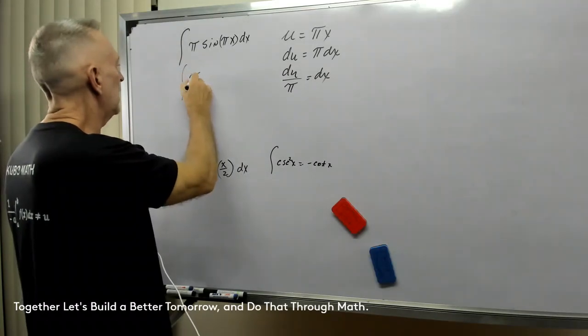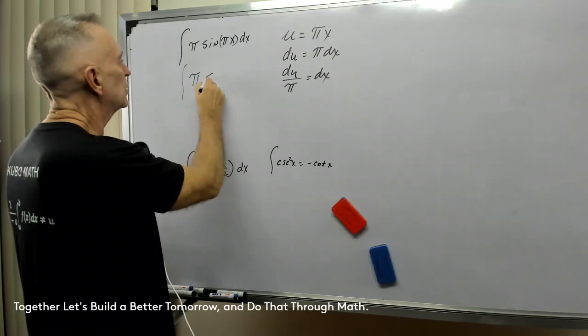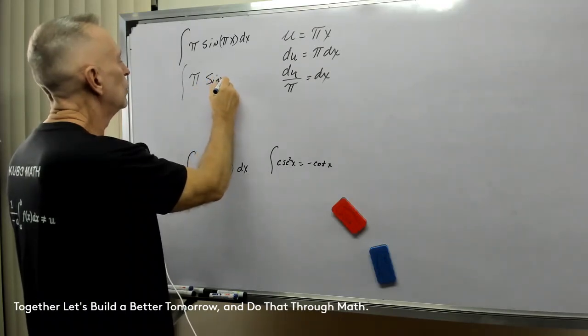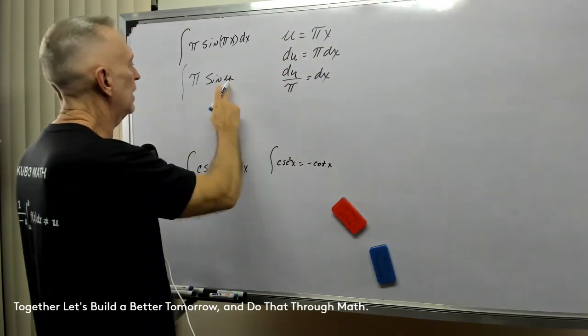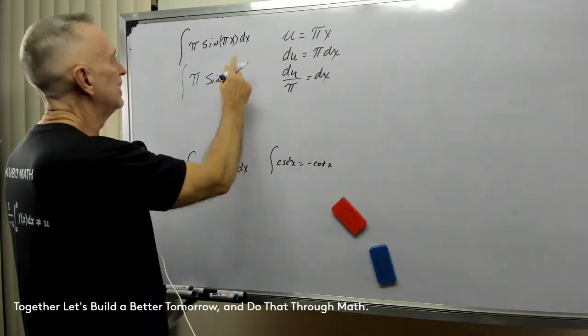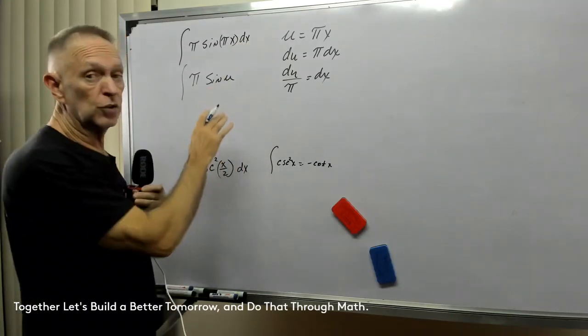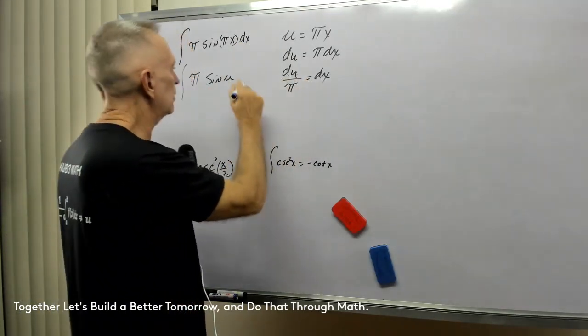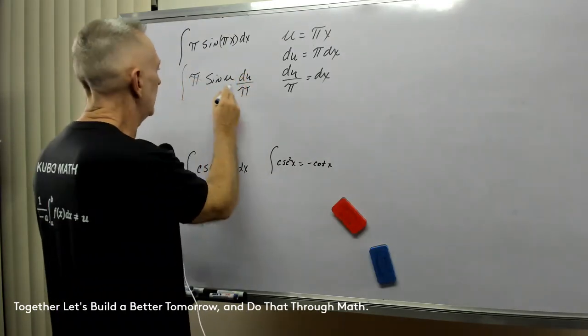Now we have pi, which is a constant, times sine u. Remember, u was pi x, so sine u. But now we need to replace dx because we're going into the u world here. So dx is replaced with du over pi. Hey, the pi's cancel.